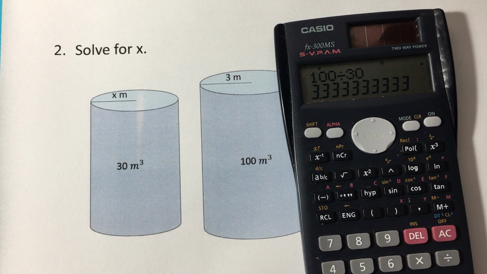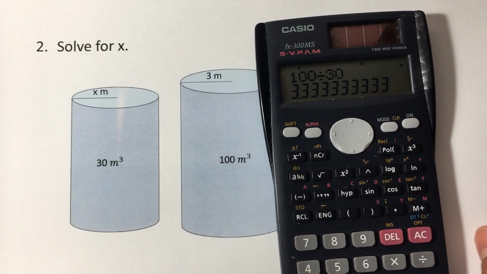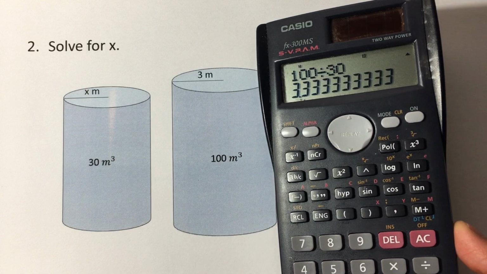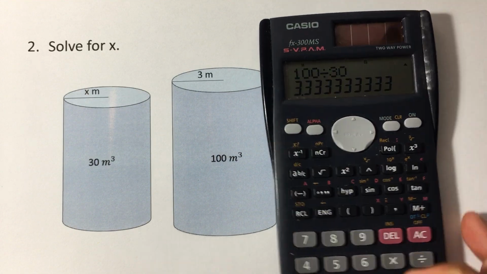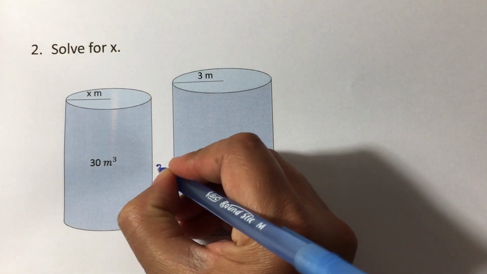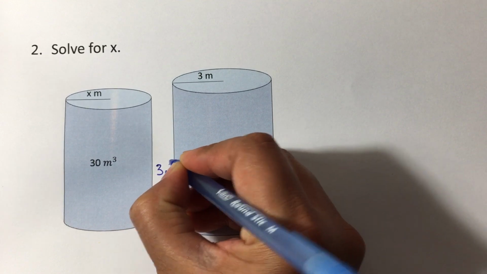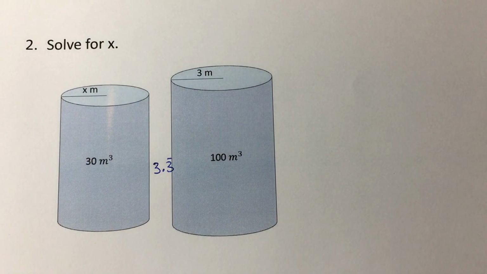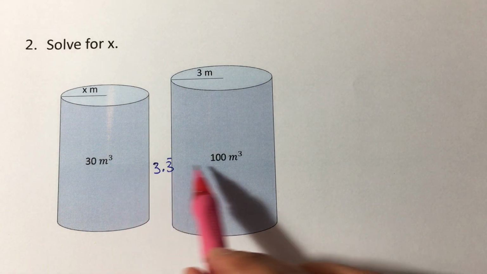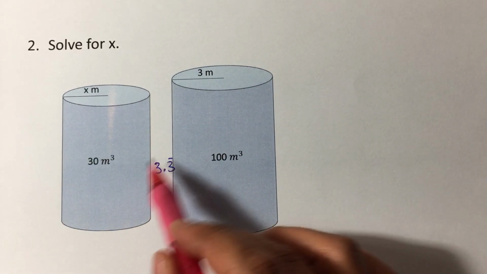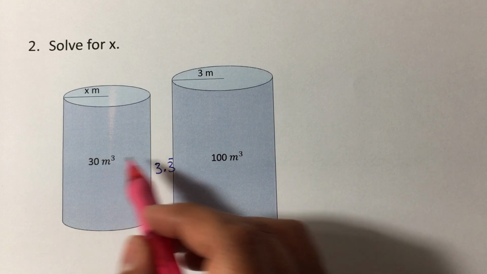If we decide to do it as a fraction, I'll do both actually, even if the video is a little longer, but that's okay. So I'm going to use 3.3 forever. Now in here, something that I want you to notice is that the relationship or ratio in here is between volumes.